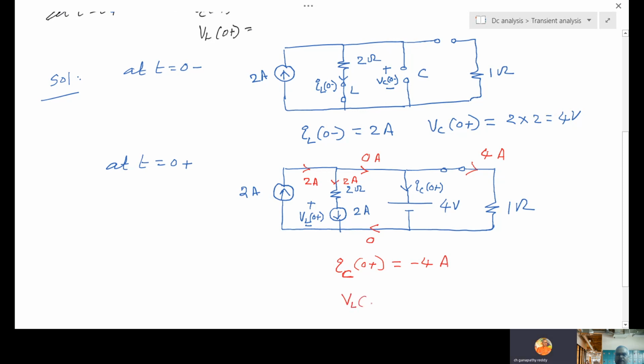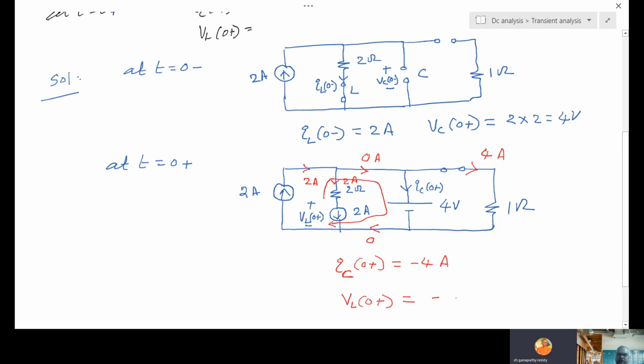Next VL0 plus. You can't find this voltage directly across the current source, and started positive, go to negative. Like so here 2, but 2 coming down now.